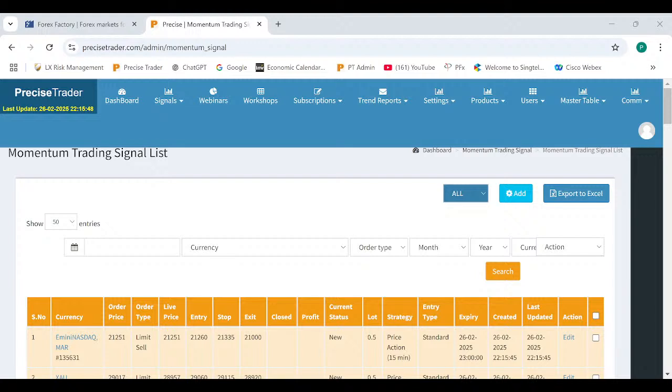Let me double check that with the system. Trying to sell at 21260.